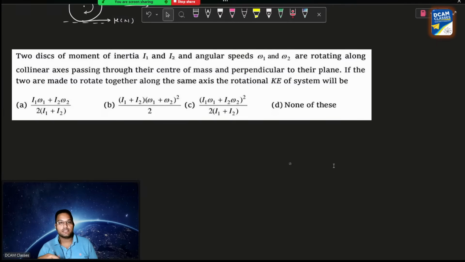Are you able to understand the question? Do you have any doubt? Radhika, Diva, Kanishka, anyone?